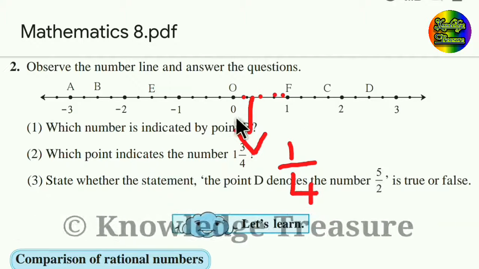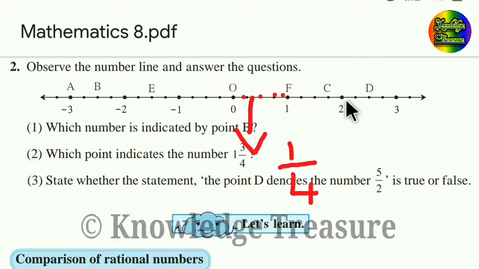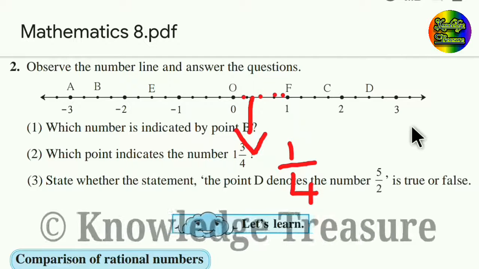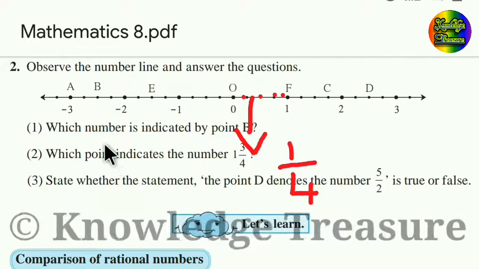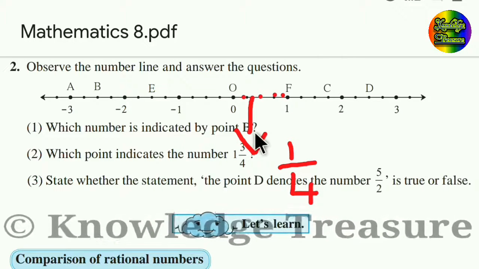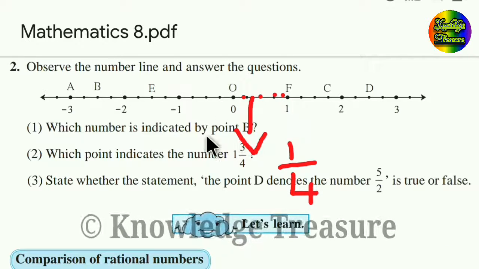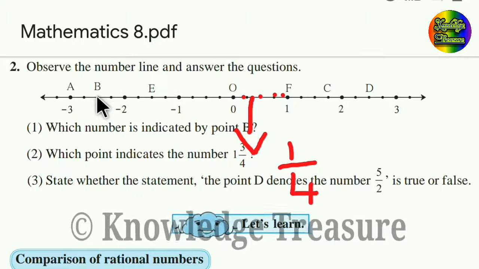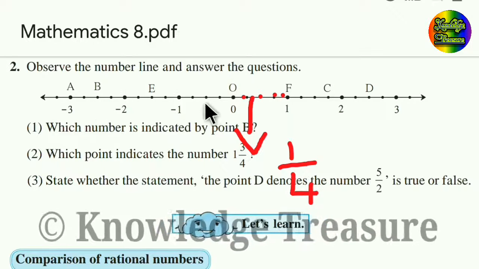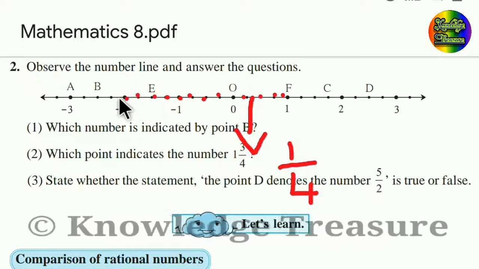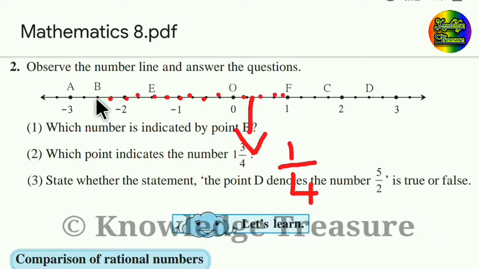Now let us see here also how many parts? 4 parts. 1, 2, 3, 4. Like that, each unit is divided into 4 equal parts. So the first question: which number is indicated by B? B is here. Let us count how many points after the 0. Since B is on the left hand side, the answer must be negative. 1, 2, 3, 4, 5, 6, 7, 8, 9, 10.